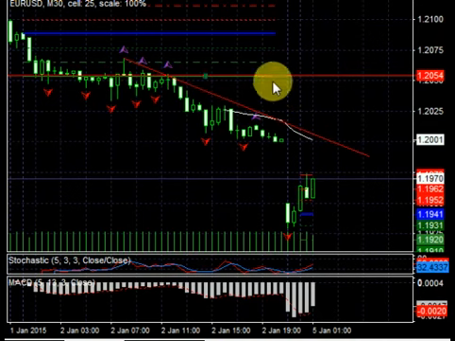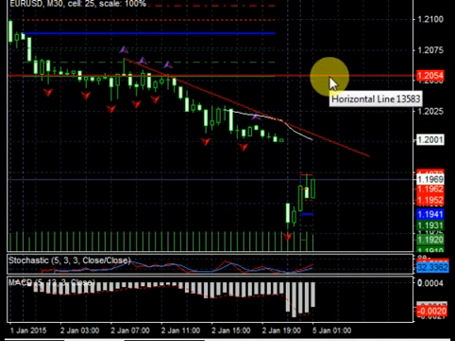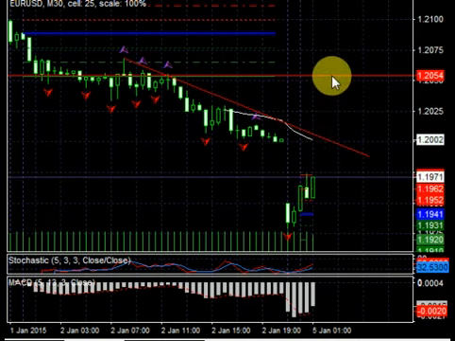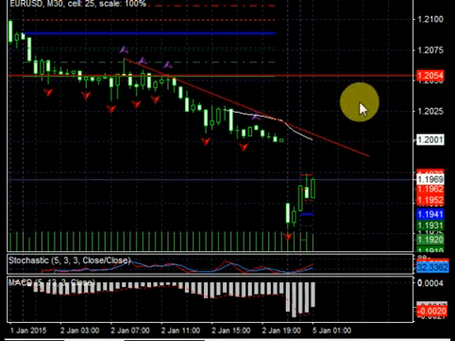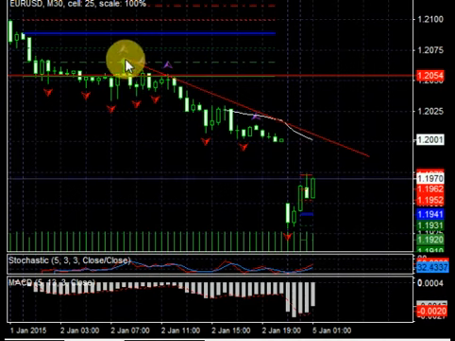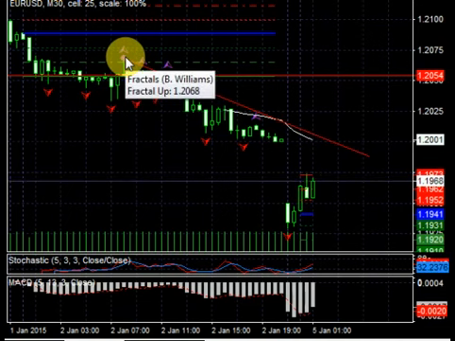So I will expect the price to break this, and then also break this, which is the lower part of the trend line, and when it breaks here I could expect the price to move directly to the next high.